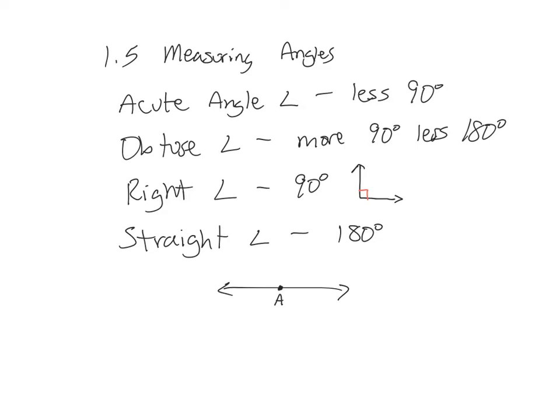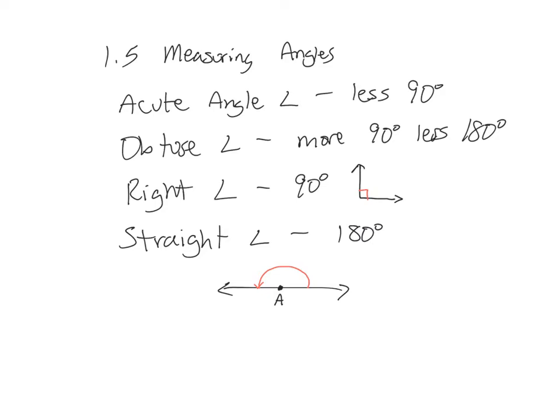So what it's really saying is, if you measured this in degrees, not distance, but degrees, this is 180 degrees. Okay? So you'll have some basic questions that just ask what kind of angles these are.